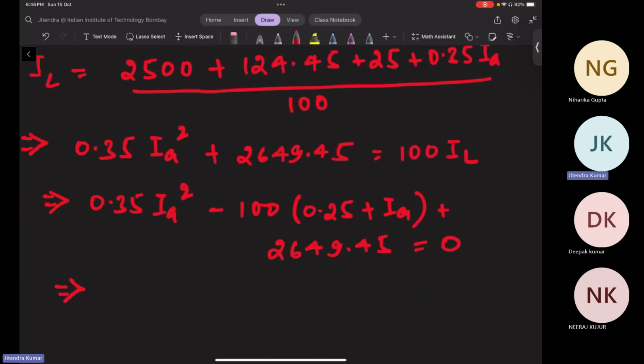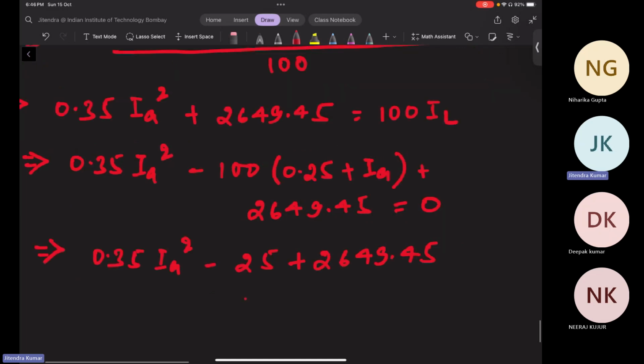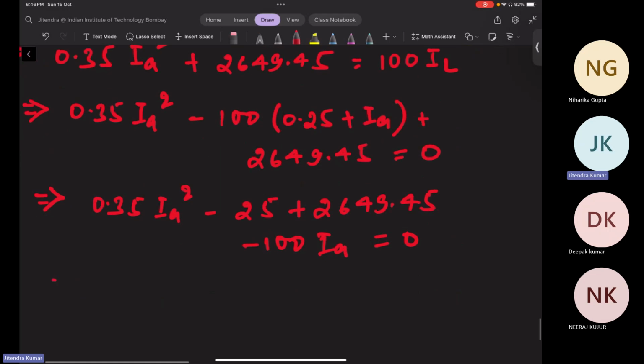Okay, I hope you are getting it. Yes, sir. So minus 25 plus 2649.45 minus 100 IA. If you solve this quadratic equation, you will get the answer.